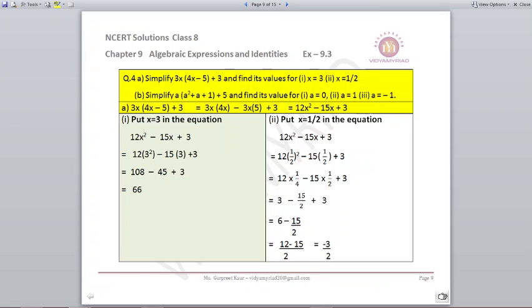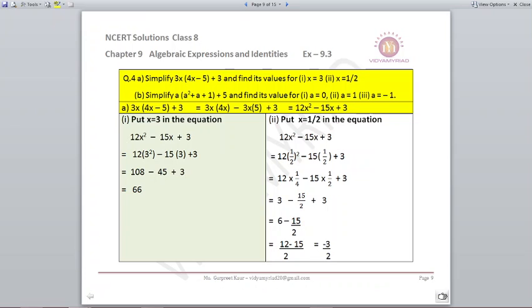In this equation we are going to put the value of x as 3 as first case. So when I put the value of x as 3, it comes 12 multiplied by 3 square minus 15 into 3 plus 3. You will get 108 minus 45 plus 3. Answer comes to 66.